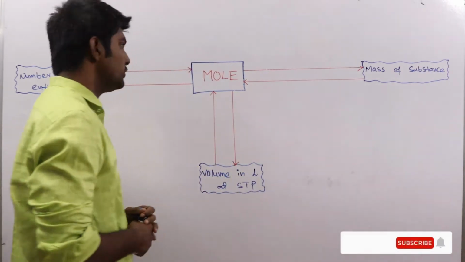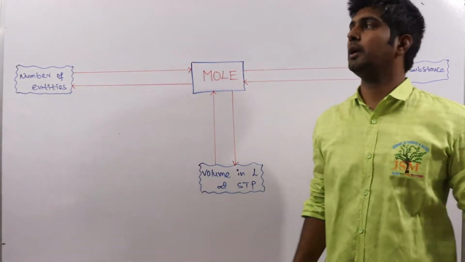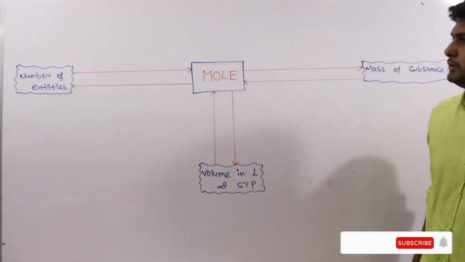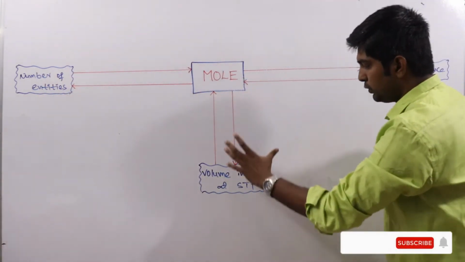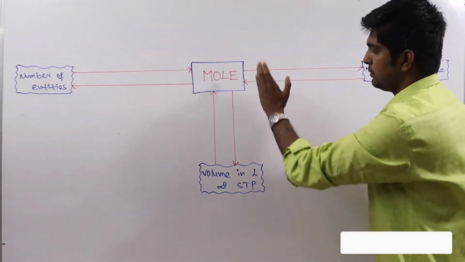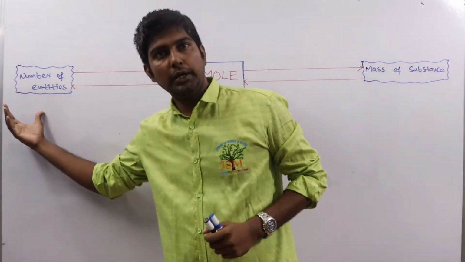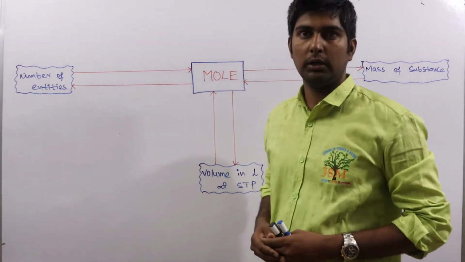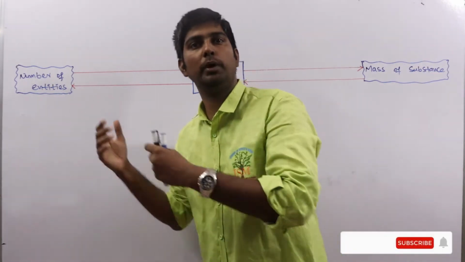Generally we face three types of problems. One is the conversion from moles to mass of the substance, or number of entities to moles, and moles to volume, or in the reverse manner, volume to moles. Meaning, if they give the number of entities and ask you to calculate how many moles, or if they give the number of moles and ask how many entities.